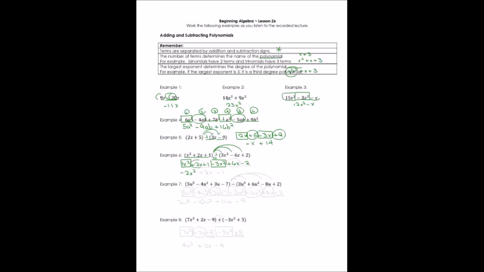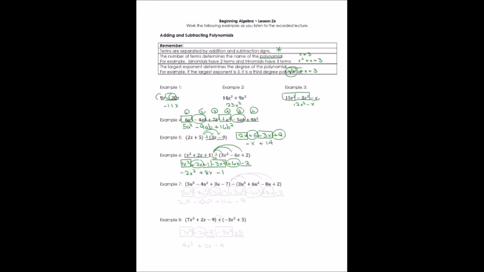Let's put a circle around those, and remember the sign stays with the term that it's in front of. 2x plus 6x, 8x. And finally, the last one is +1 minus 2. Well, we'll subtract those again, and we get a 1 negative because the 2 is definitely bigger than the 1, and it was a negative. So my answer, -2x squared plus 8x minus 1.